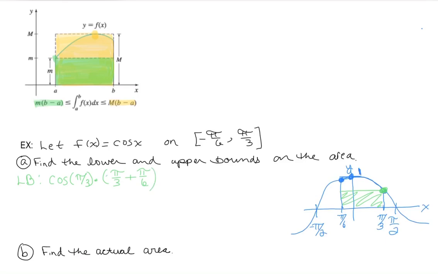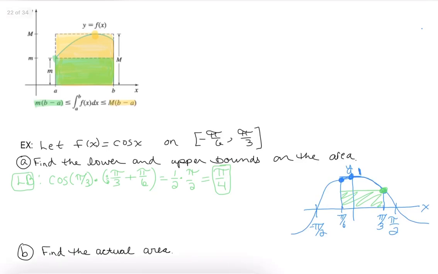So if you think about just multiplying this by 2 over 2, we have 2 pi over 6 plus pi over 6, that's 3 pi over 6, which is pi over 2. And our cosine at pi over 3 is 1/2. So we're going to have 1/2 times pi over 2, and that's going to give us pi over 4. So pi over 4 is our lower bound for that area.